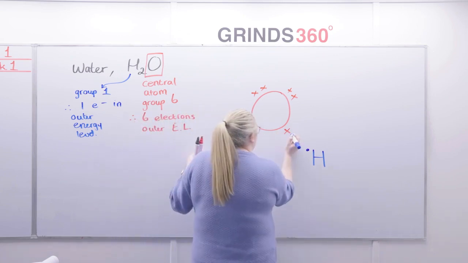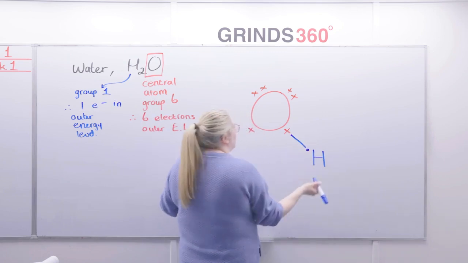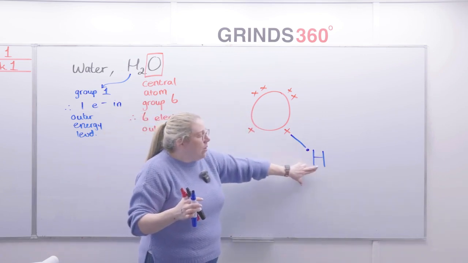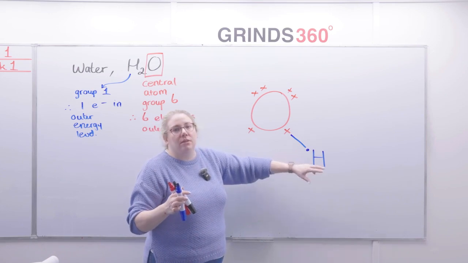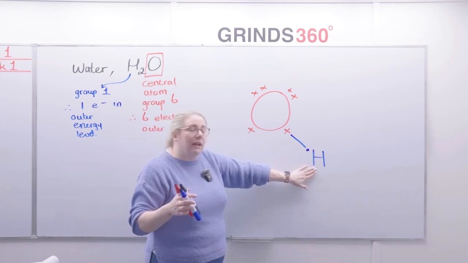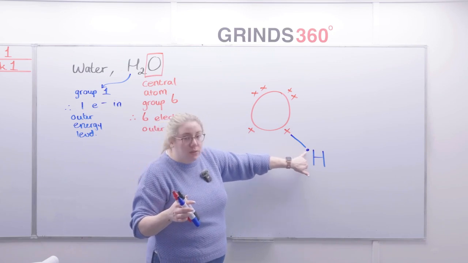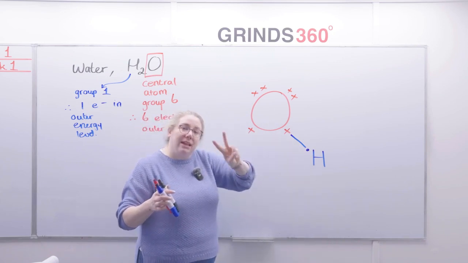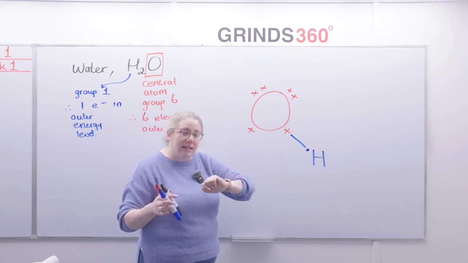And by sharing that electron with each other like that, the hydrogen now has a stable outer, we'll call it a stable outer octet, but it's not 8. It does actually have a full outer energy level because it has 1 of its own electrons, and oxygen is sharing 1 with the hydrogen. That gives the hydrogen 2 electrons in the outer energy level.